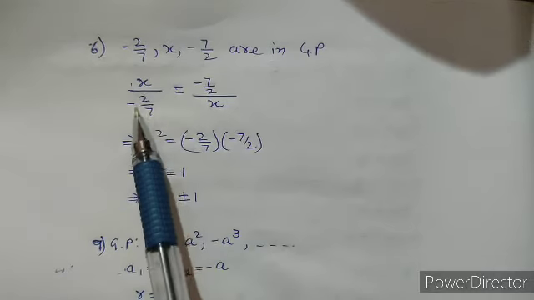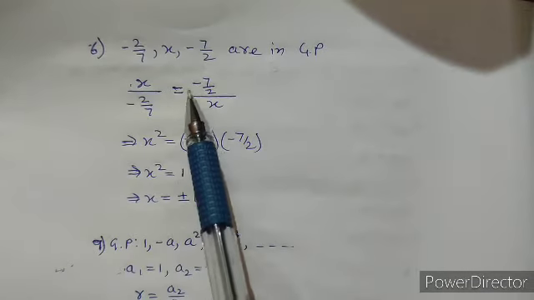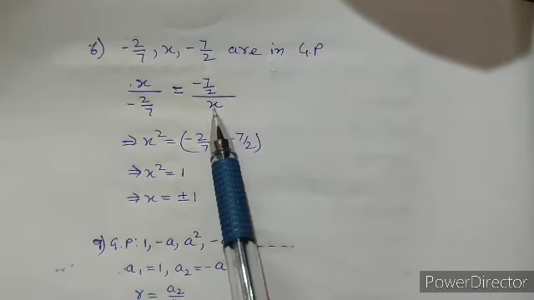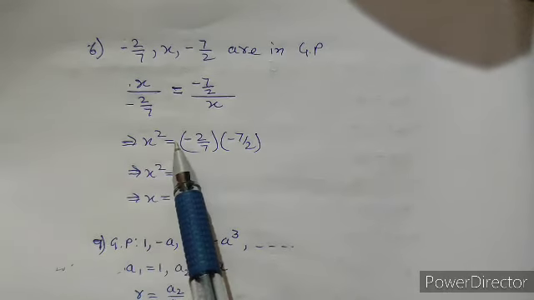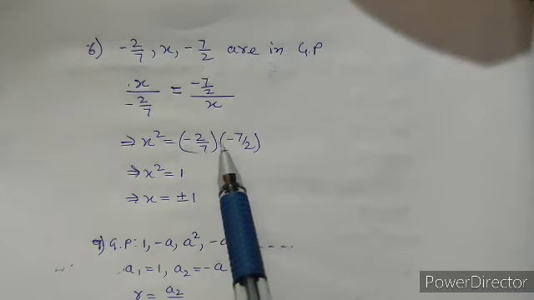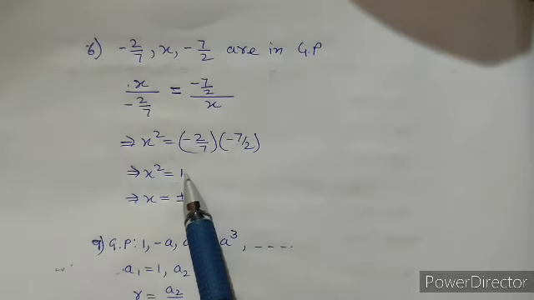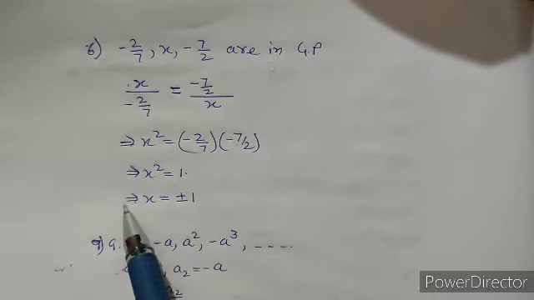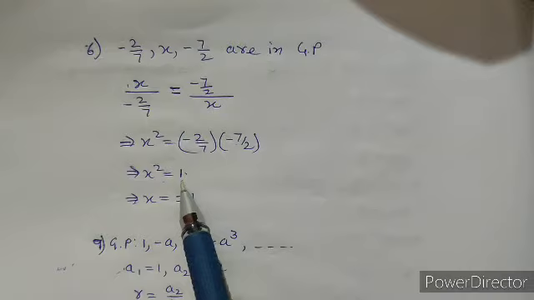That means x upon minus 2 upon 7 will be equal to minus 7 upon 2 upon x, which will give us x square as minus 2 upon 7 into minus 7 upon 2, and that will be equal to 1. And this means that x will be equal to plus minus 1.